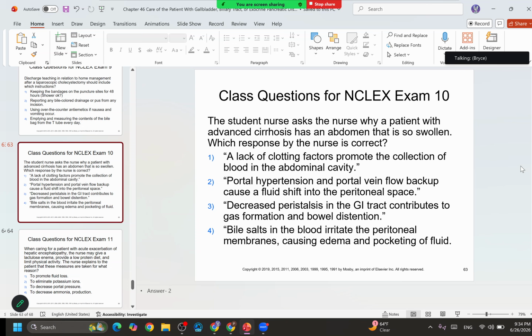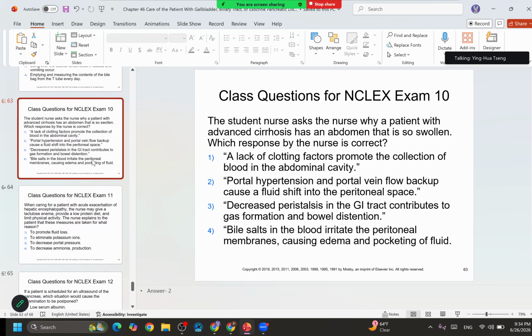Number 2 is portal hypertension, the portal vein, right? Actually, the second sentence tells us everything. Portal vein flow backs up. It's coming back, it's not going through. It's a backup that causes fluid to shift into the peritoneal space. Yes, so it's number 2. That's what we call ascites.